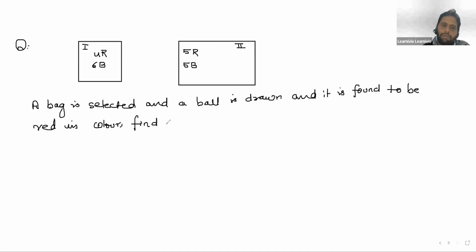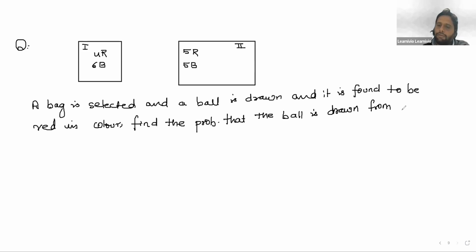Find the probability that the ball is drawn from the first bag.